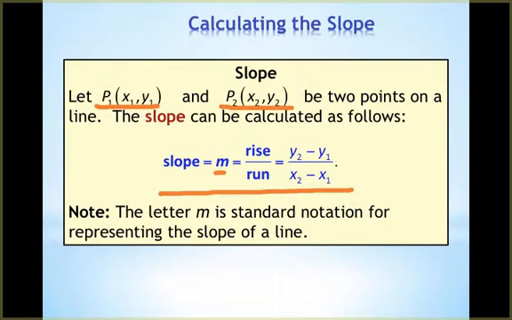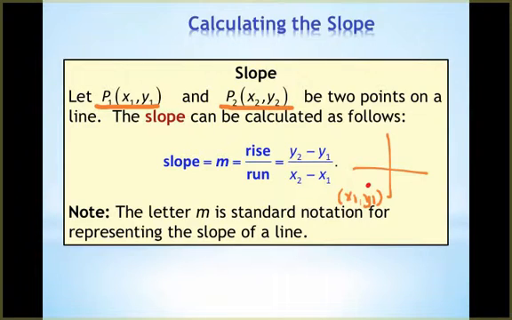First of all, we use the letter m to represent slope, and we think of slope as rise over run. And our formula to calculate the slope is that we take the y2 minus the y1 and divide it by the x2 minus the x1. So let's look at this visually. What we're looking at is we're going to have 2 points, some point 1, let's say here, that is written as an x1, y1, and then another point, let's say up here, that we'll call x2, y2.